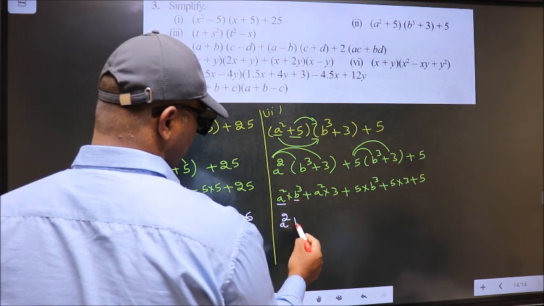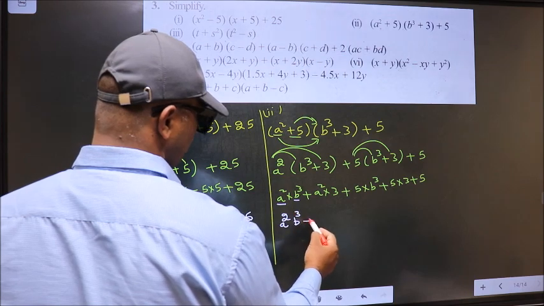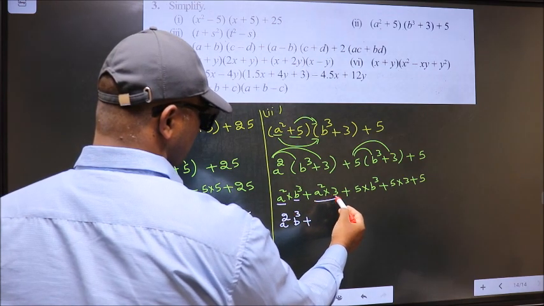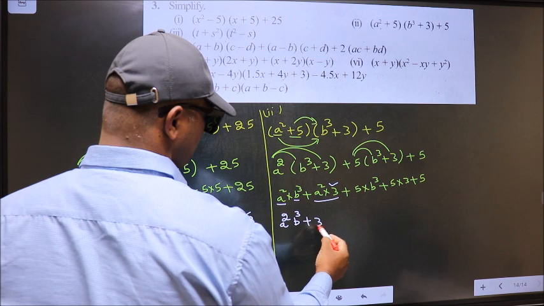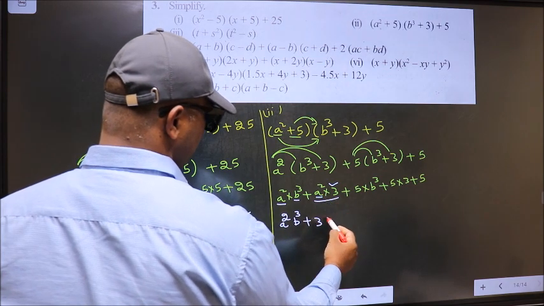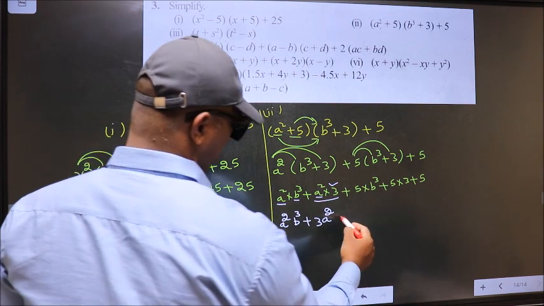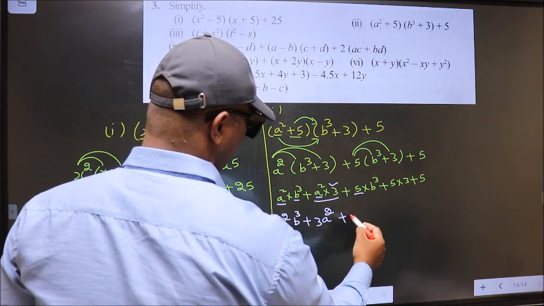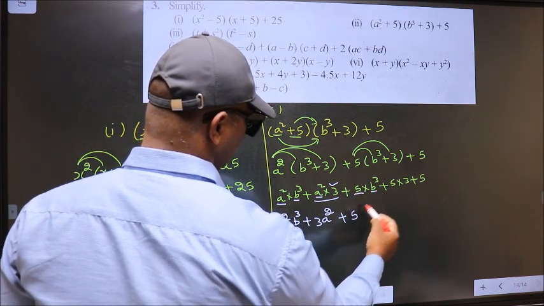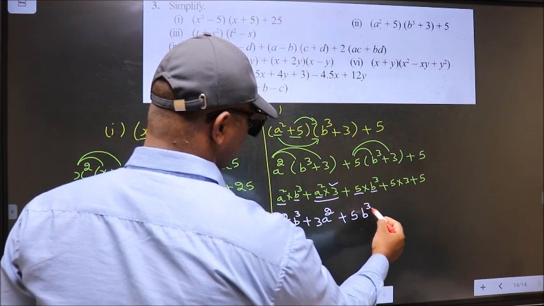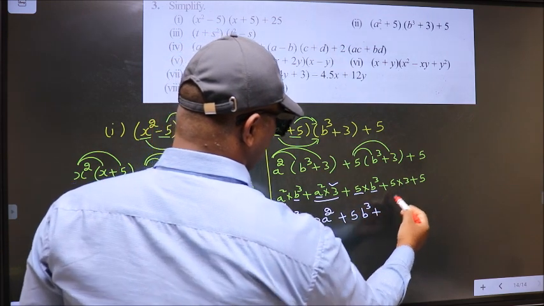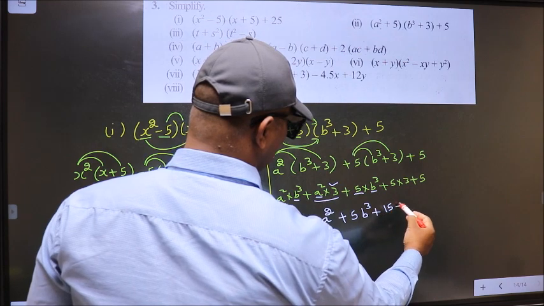B also present only once, so write as it is, plus in this the number you will write first. Now letter A has come only once, so as it is you write, plus here the number 5, letter B has come only once, so you write as it is, plus 5 into 3, 15, plus 5.